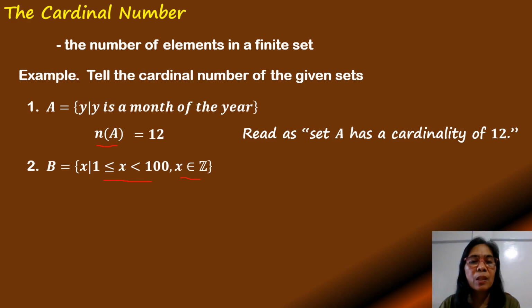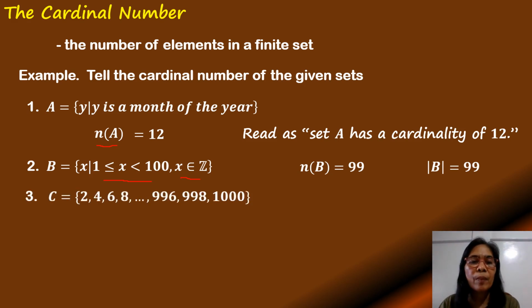So 100 is not included in the set. So we have therefore the cardinality of set B is equal to 99. And another way of writing for the cardinal number of a set, we just put the name of the set inside the vertical bars, and this is equal to 99. So the cardinal number of set B is equal to 99.